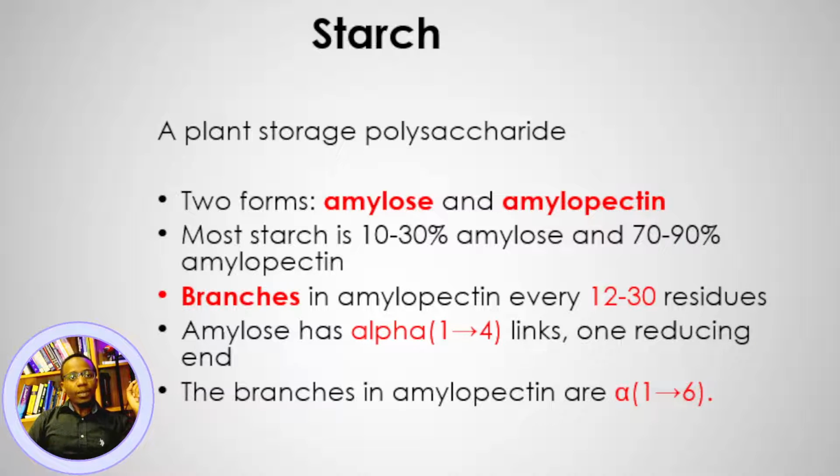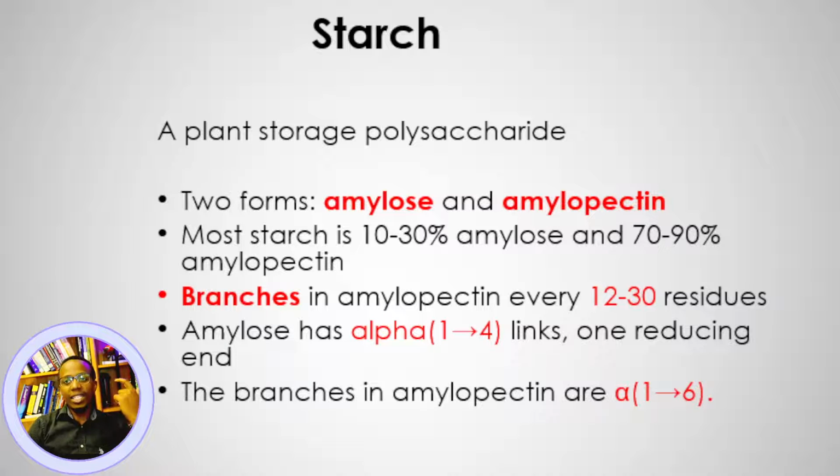So amylose will have alpha 1,4 linkages, right? So that means that carbon 1 of one glucose will bind to carbon 4 of the other glucose, right? And then on the other side, carbon 1 binds to carbon 4, and so on and so forth.